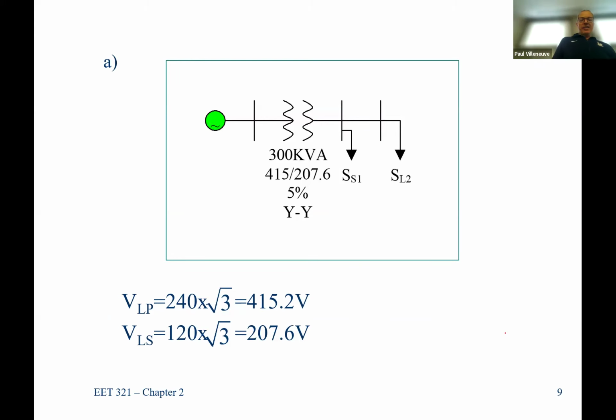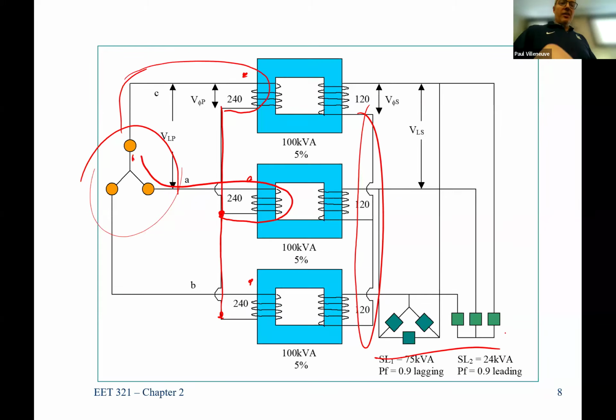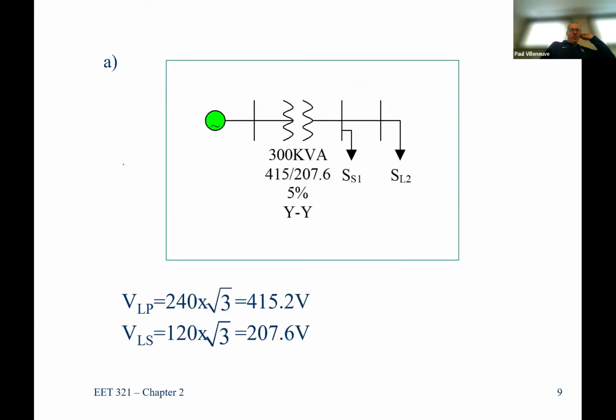Because we have Y connected transformers, this is 240 volts across here, but the actual line voltage is 240 times the square root of 3. If I want to get the turns ratio, it's going to be 240 divided by 120, but the actual incoming voltage is 415 volts, line voltage, and the actual output line voltage is 208 volts.